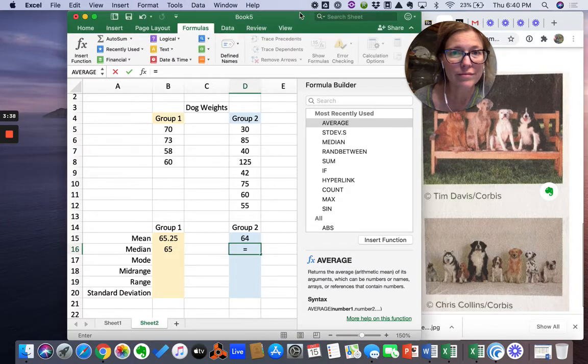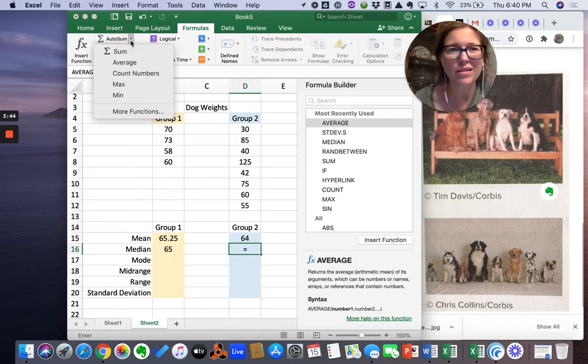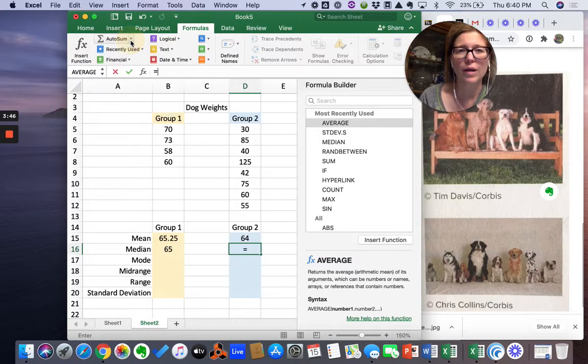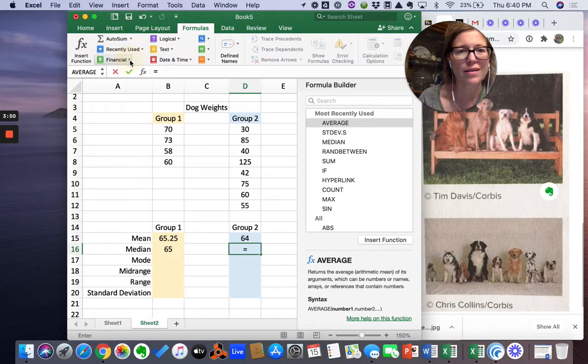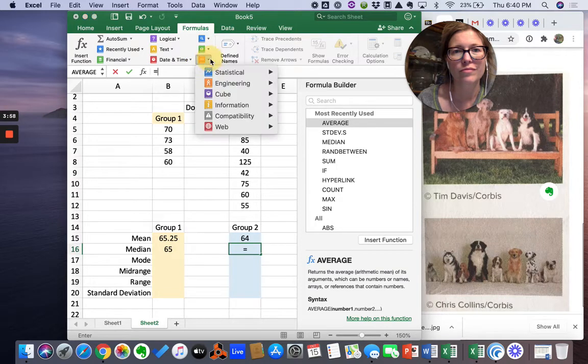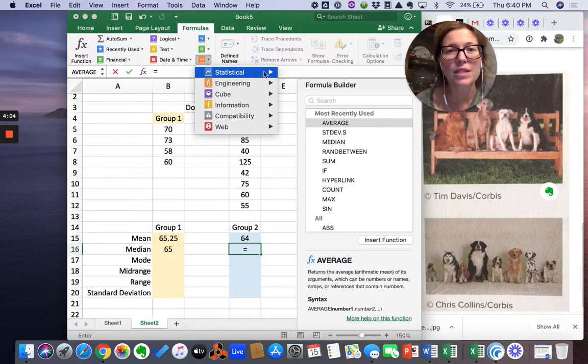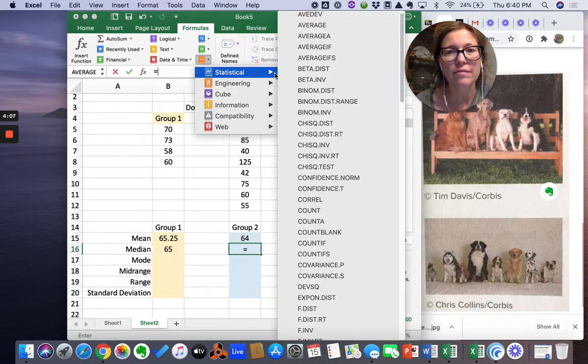Or I can look at all these little submenus, and it's organized based on what kind of math it is. Here's my recently used. There's some financial things. This is like a whole bunch of them that isn't fitting on the page because my window's too small. And here we see statistical.